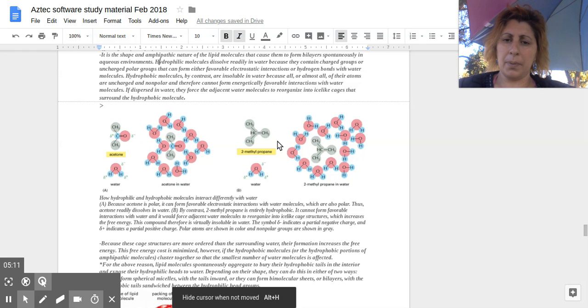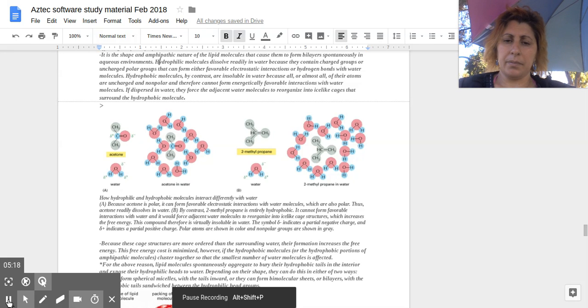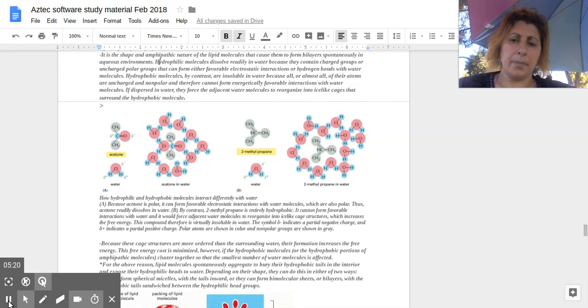However, 2-methylpropane, which is not polar in its structure, does not interact easily with water. It forces water molecules to reorganize. So this compound, 2-methylpropane, is virtually insoluble in water.